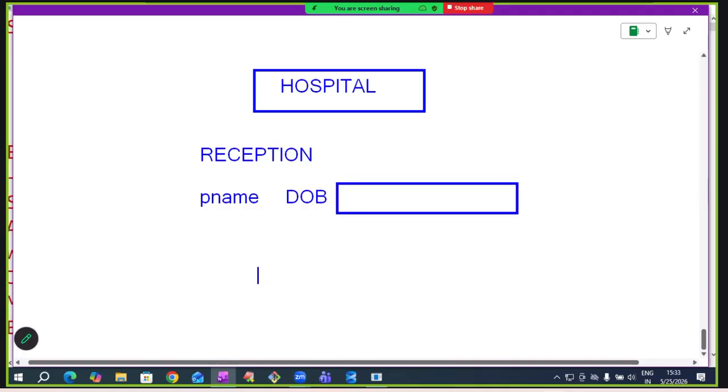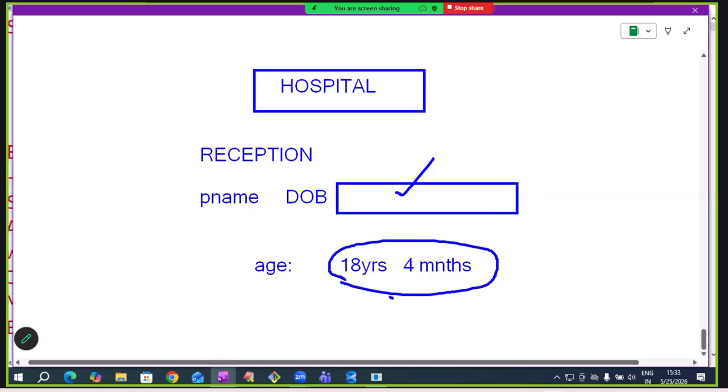But when they give you a receipt, the age will be printed like this. Okay, age is 18 years, 18 years 4 months like this. What you told was the date of birth, but in the receipt, what you got is the age.